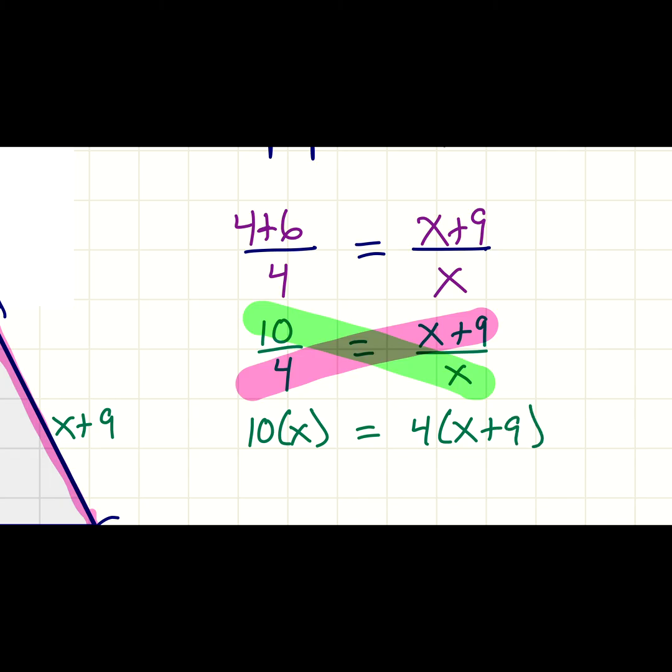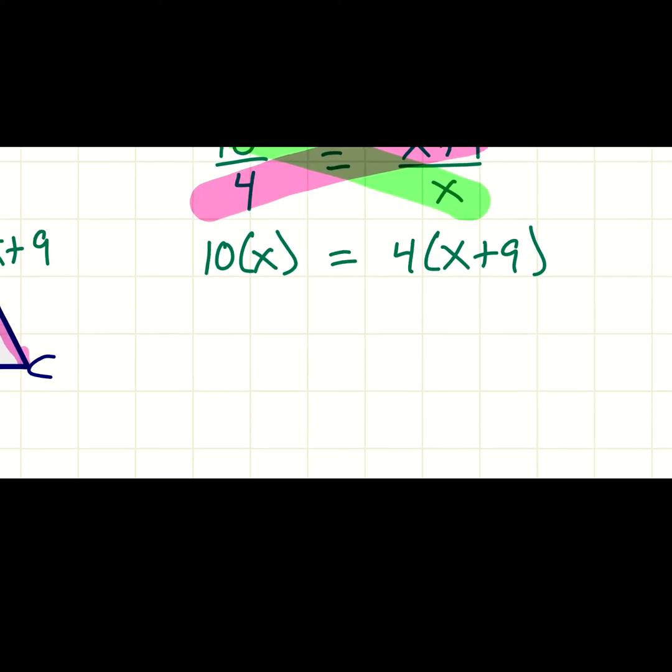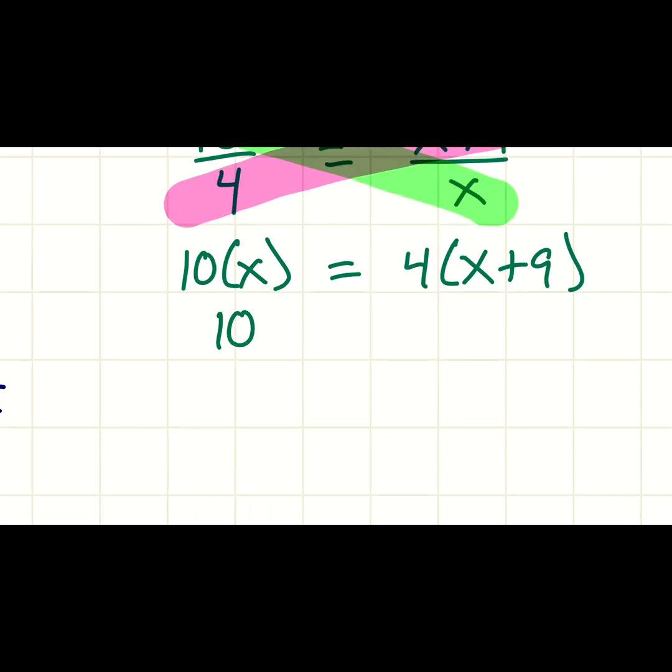All right, this is where your algebra skills need to kick in. Now, to simplify, this is going to be 10x. I'm going to get rid of the parentheses. This is where mistakes usually happen. Make sure you distribute the 4. So 4 needs to be multiplied to x, and it needs to be multiplied to the 9. So this is going to be 4x plus, what's 4 times 9? 36.